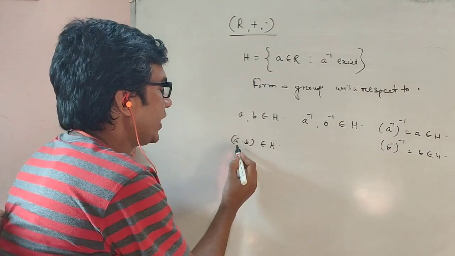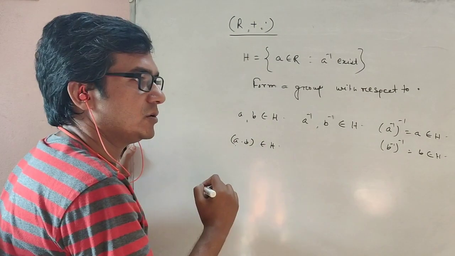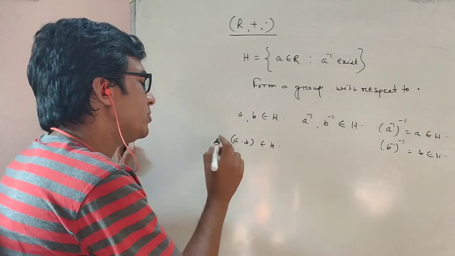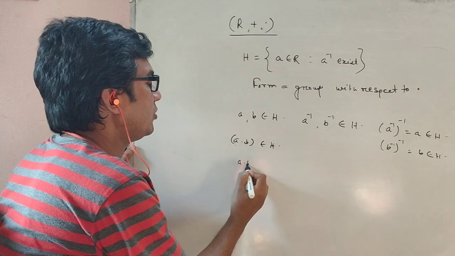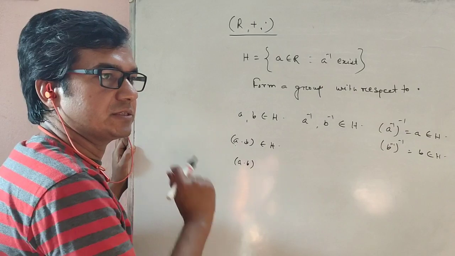To show A dot B belongs to H, we have to show the inverse of A dot B also exists.